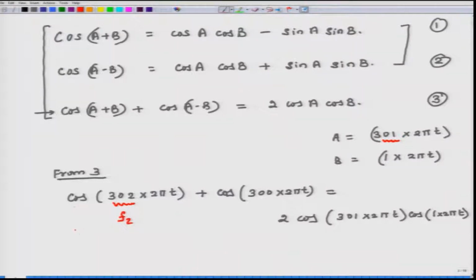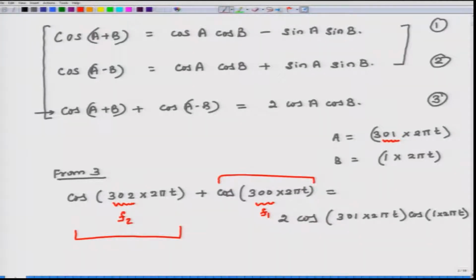So, this represents the second wave, the second tone which we played, whose frequency was 302 hertz. What is this? F1. So, this represents the first wave, and when we played them together, mathematically we express it as cos of 302 times 2 pi t plus cos of 300 times 2 pi t, because when playing them together I have to add them up.